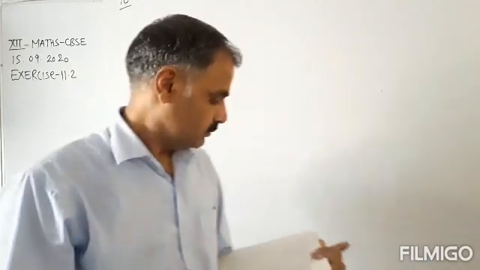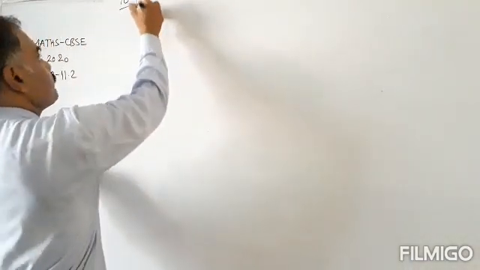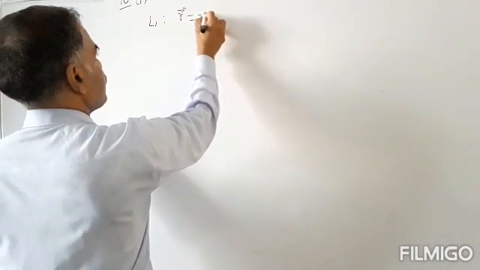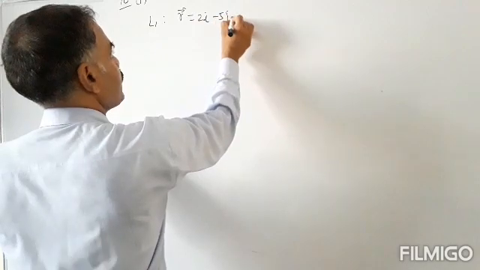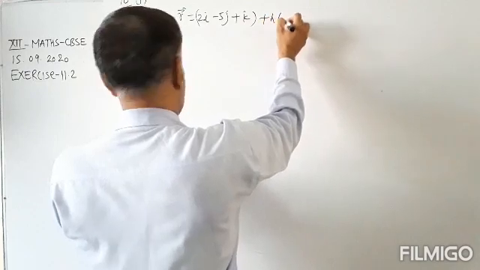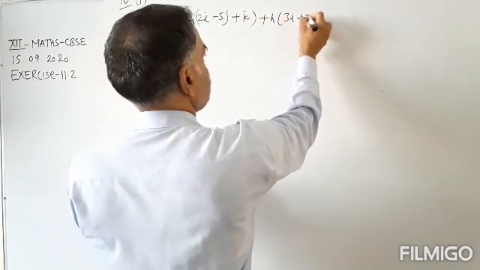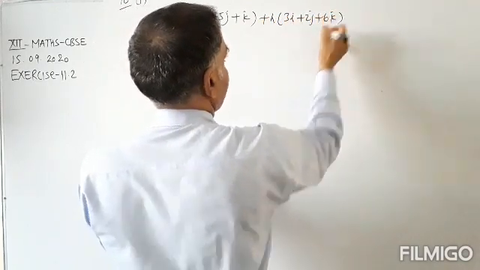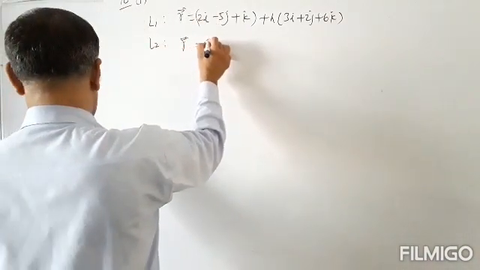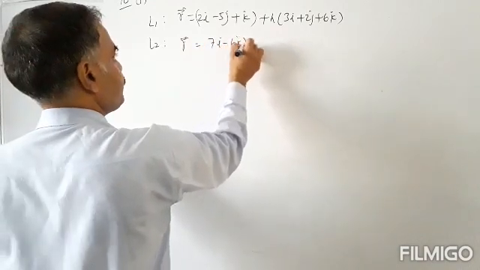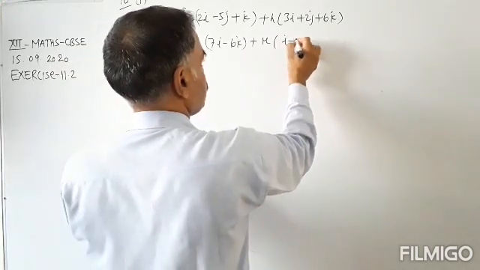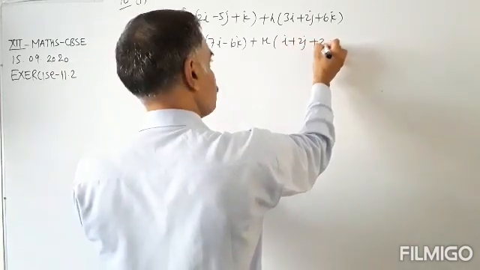For the first part of question number 10, line 1 is given as r vector equals 2i cap minus 5j cap plus k cap plus lambda into (3i cap plus 2j cap plus 6k cap), and the second line is given as r vector equals 7i cap minus 6k cap plus mu into (i cap plus 2j cap plus 2k cap).